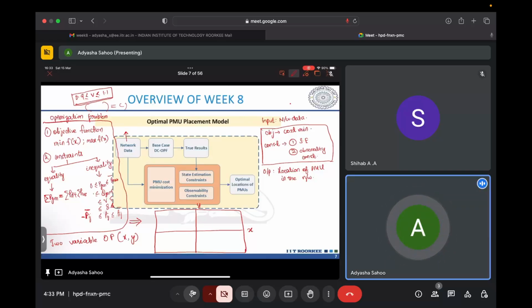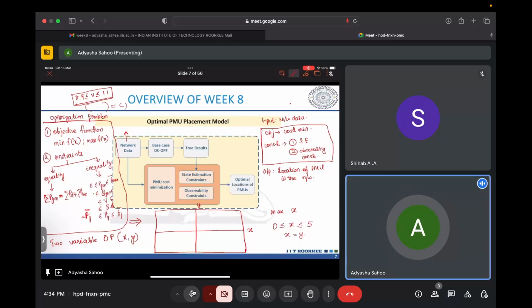Now let's say the constraints that you have are: X will lie between 0 to 5, and your X is equal to Y. So these are your two constraints and you want to maximize, let's say, X only.